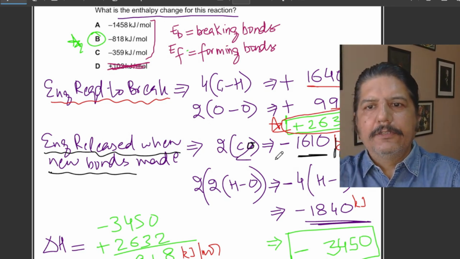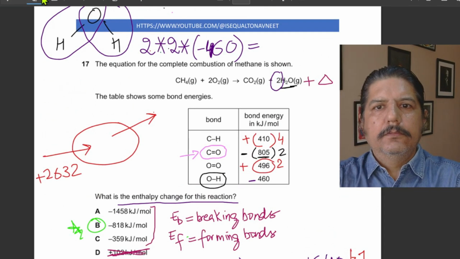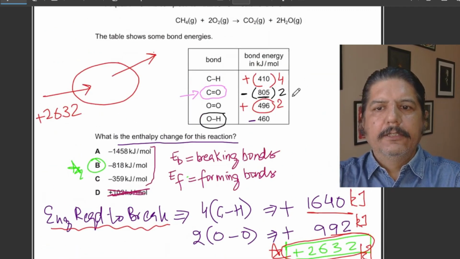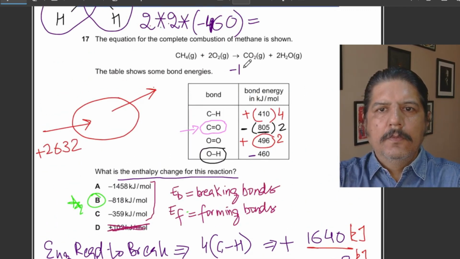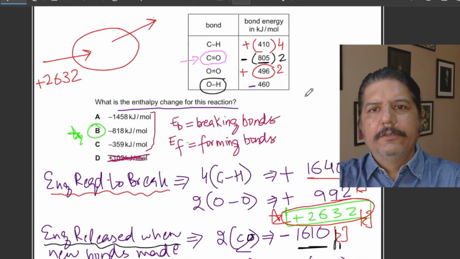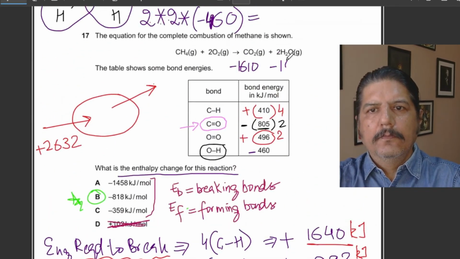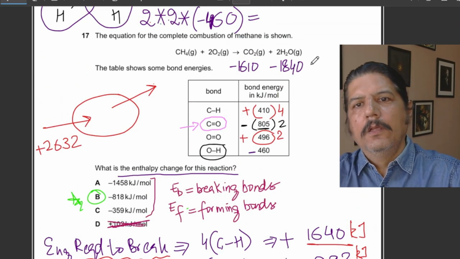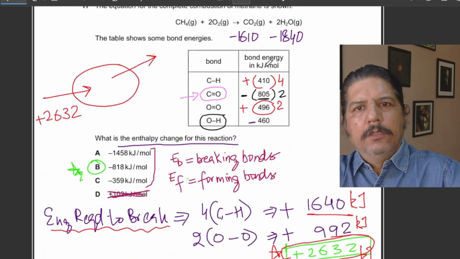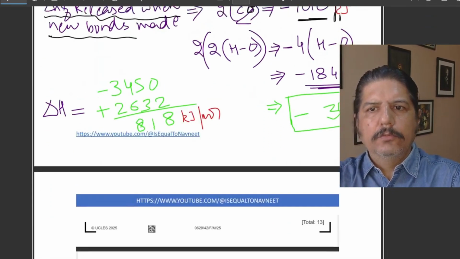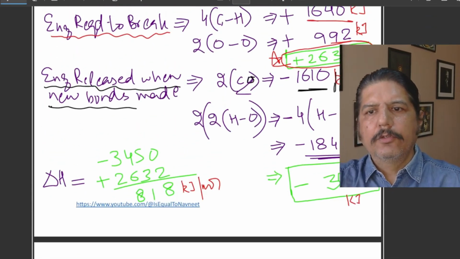So here, for CO2, minus 1610 kilojoule of energy was released, and here minus 1840 kilojoule of energy is released. So we add these two. This is the energy which will be released: minus 3450 kilojoule.